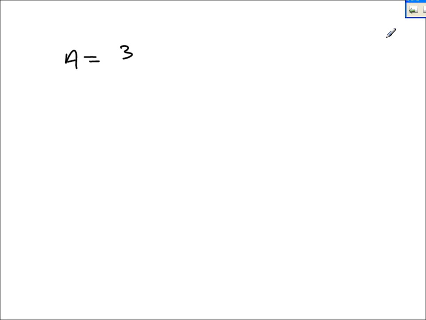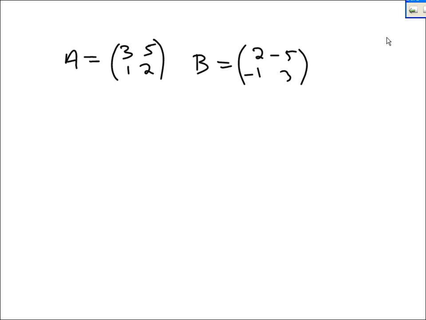Suppose A is 3, 5, 1, 2. So matrix B would be 2, negative 5, negative 1, 3. I claim that B is the inverse of A. Well, we check.